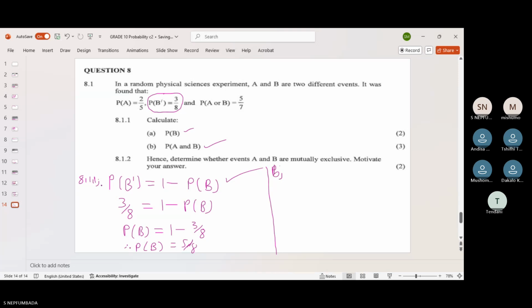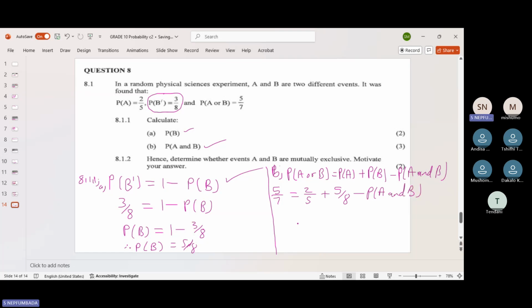We're going to say probability of A or B is equal to probability of A plus probability of B minus probability of A and B. So we need that A and B. We're given probability of A or B, which is 5 over 7, equals probability of A, 2 over 5, plus probability of B, 5 over 8, minus probability of A and B, that's what we need.